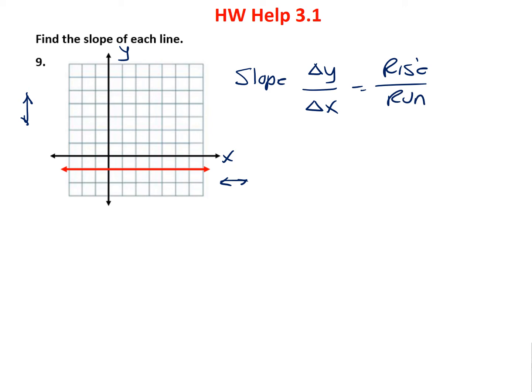Now if I pick 2 points, this point here and this point here, my rise doesn't go up or down, so my rise is 0. But my run here is 1, 2, 3, 4, and that's 4. So once again, the slope of a horizontal line is always 0.